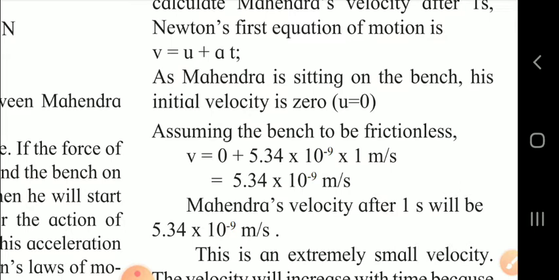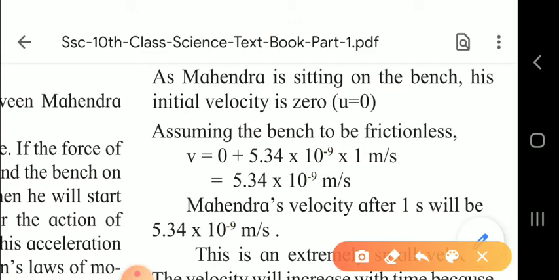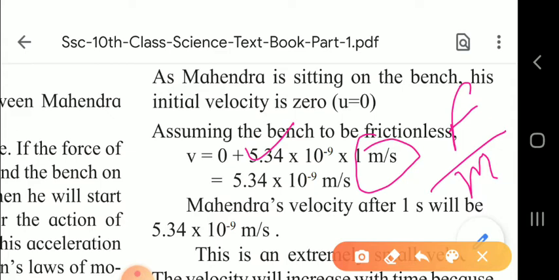U is 0 plus A, the acceleration which we have already found by the formula F upon M, that is 5.34 into 10 raised to minus 9, into time which is given as 1 second. So it will become 5.34 into 10 raised to minus 9 meter per second. Mahindra's velocity after 1 second will be 5.34 into 10 raised to minus 9 meter per second.